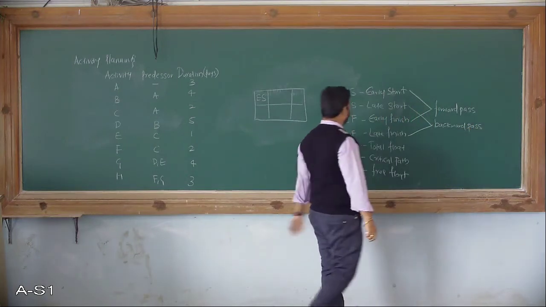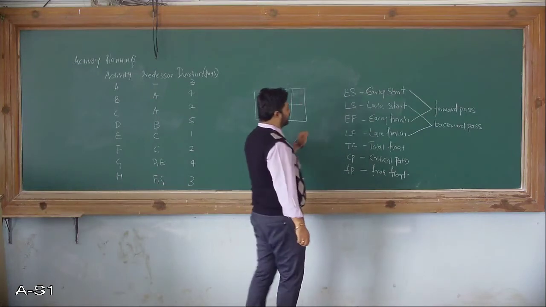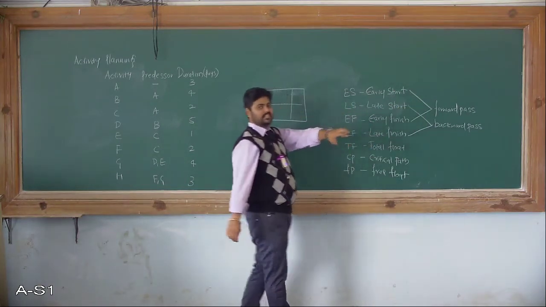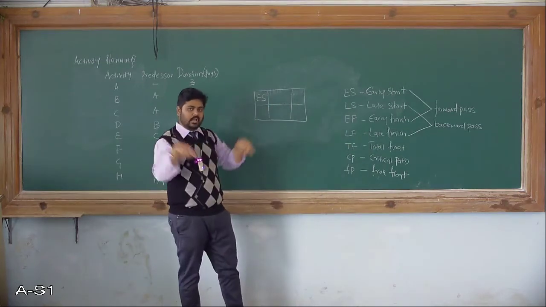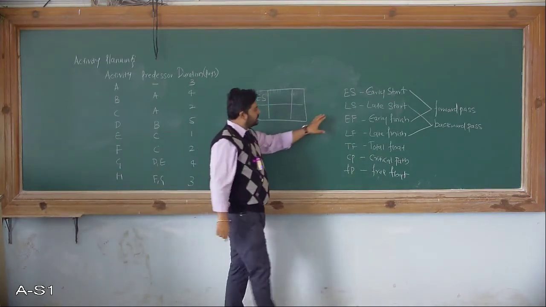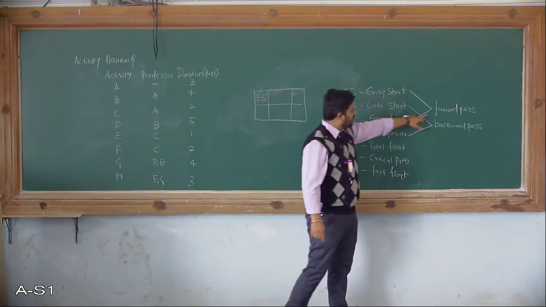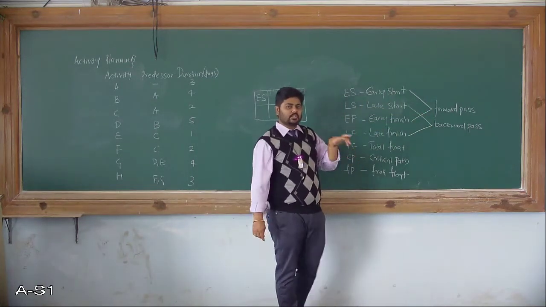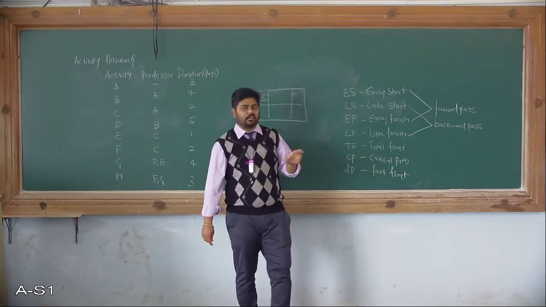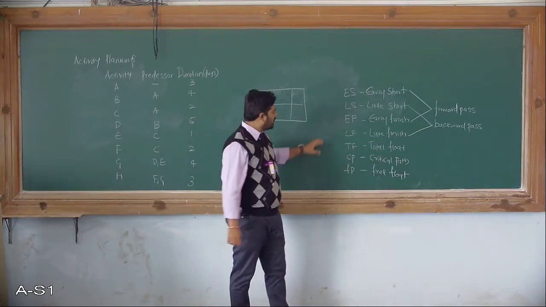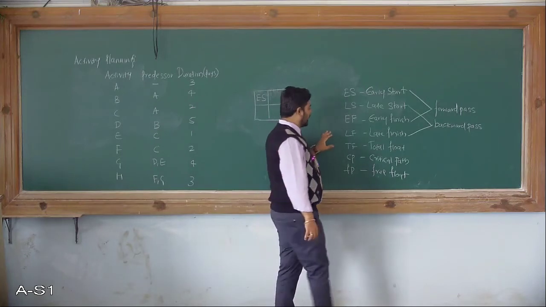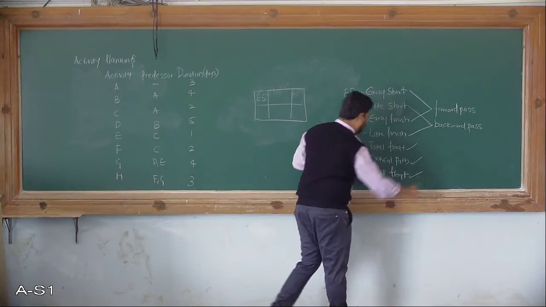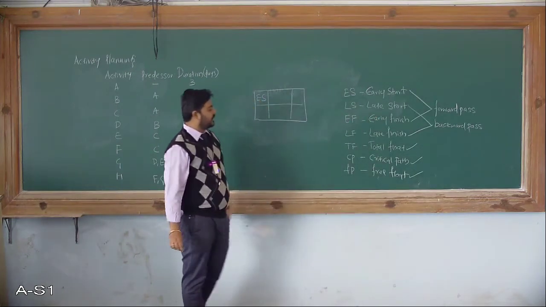Based on the forward pass and backward pass on the precedence network we have drawn just now, we calculate the early start, late start, early finish and late finish for those activities, and based on that you can calculate the total float, critical path and free float for each activity.